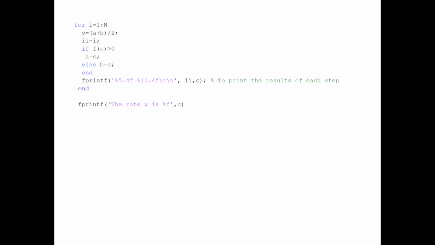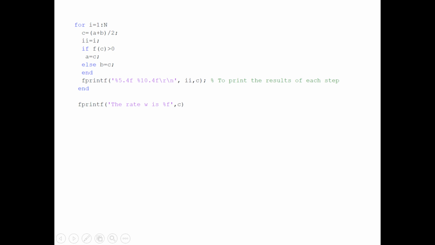Here is the loop of the bisection method for i from 1 to n, the number of iterations. We will put the midpoint of the interval, c equals (a plus b) over 2. Here we intend to print c for each iteration. The condition here is f of c bigger than 0, because f of a is positive. So if f of c is bigger than 0, then a equals c.